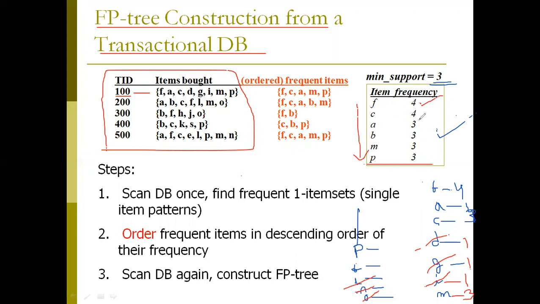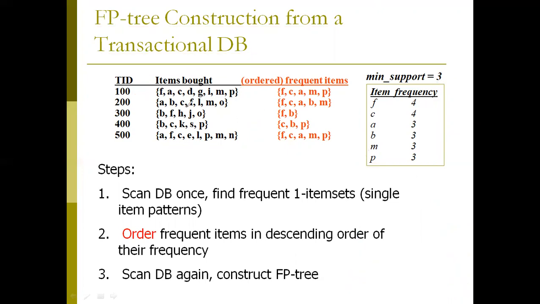Based on this order, you need to create the frequent item sets. For example, now some of the item sets are removed, right? So for example, here D is removed from this set.